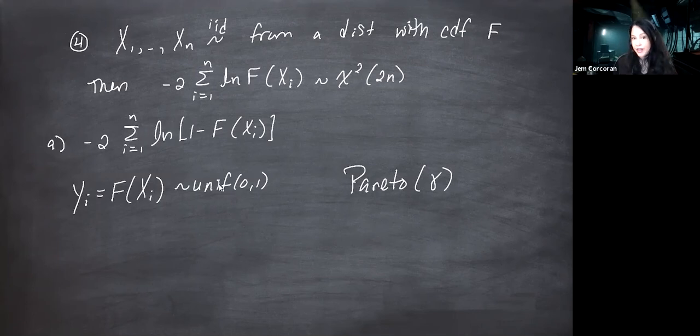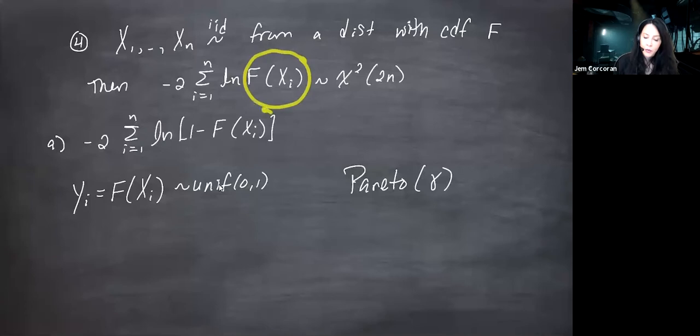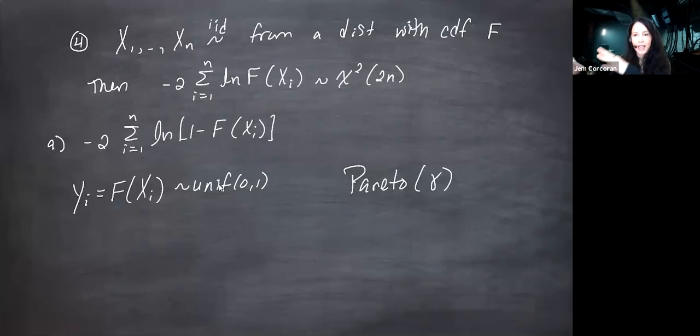The argument that you can replace this F of Xi here with a 1 minus F of Xi is just the argument that this is a value that is uniformly distributed between 0 and 1. And when you take 1 minus that, it's still equally likely to be anywhere.